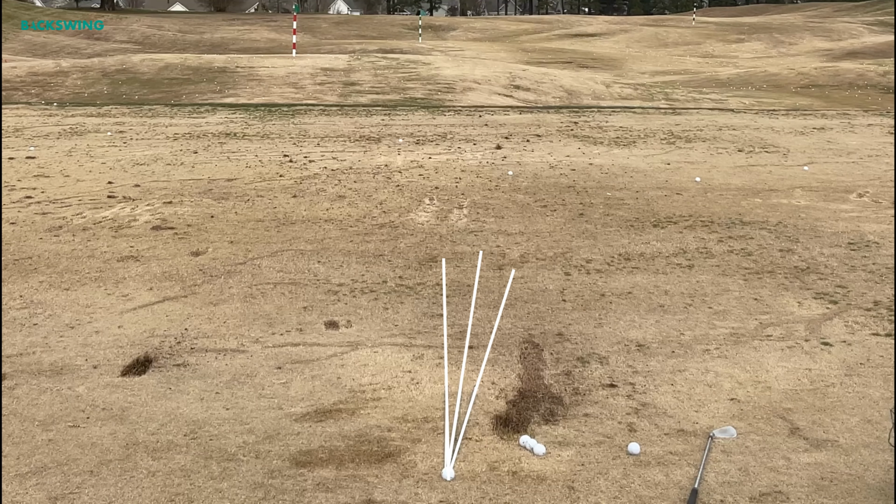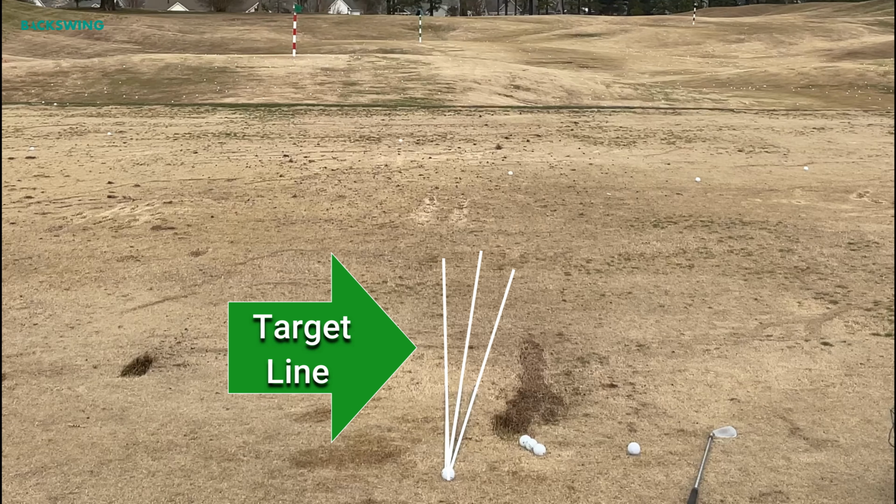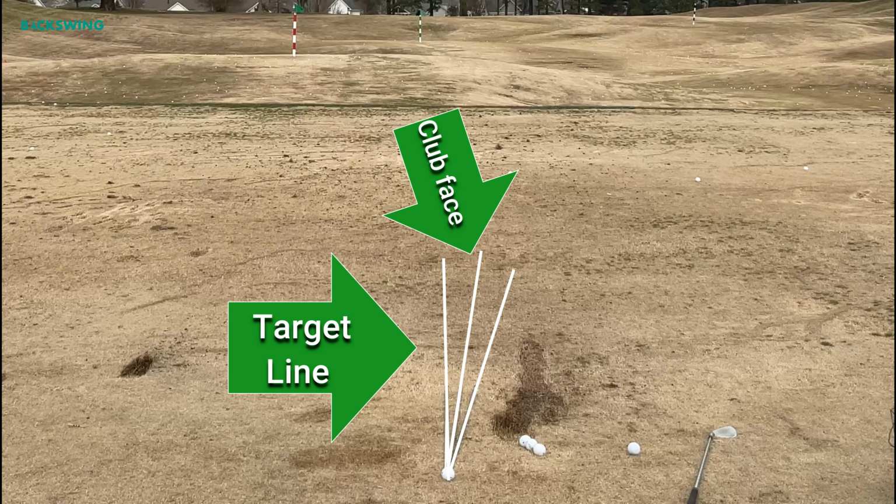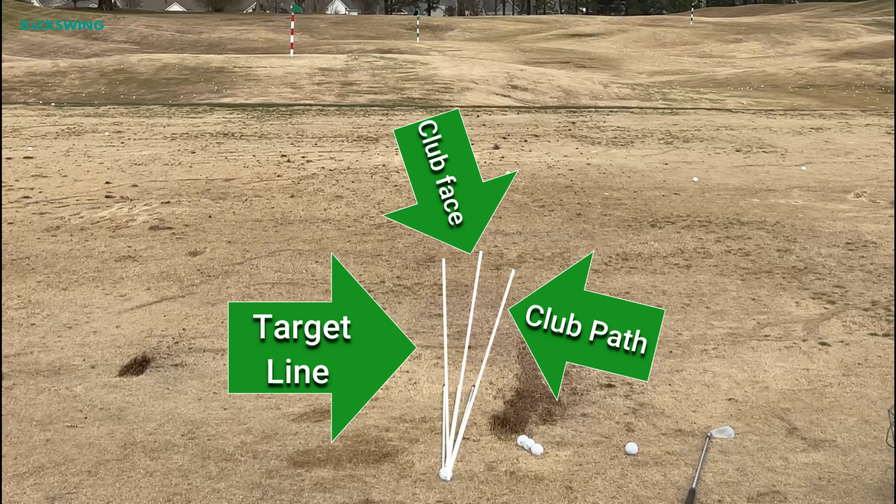I've painted a picture here on the ground using some alignment sticks that shows you how much our face and path need to differ to create the proper amount of curve. So the stick on the far left here is representing our target, which is that green flag out in the distance. The middle stick is going to represent the direction of our club face at impact. The far right stick shows us the direction we need to swing in order to get that ball to curve back towards our target.